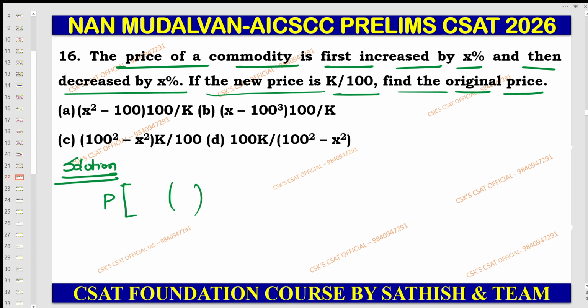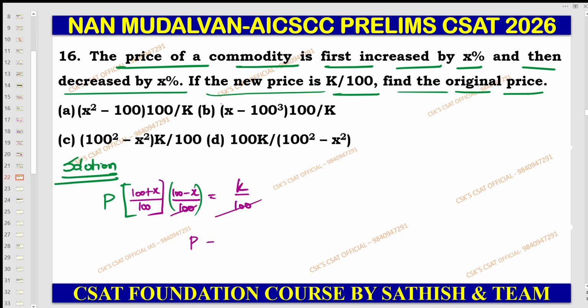So simple, right? So therefore, what can we write here? 100 plus x by 100, subtract 100 minus x by 100. When you do this, you will get the new price as K by 100. 100 getting cancelled.